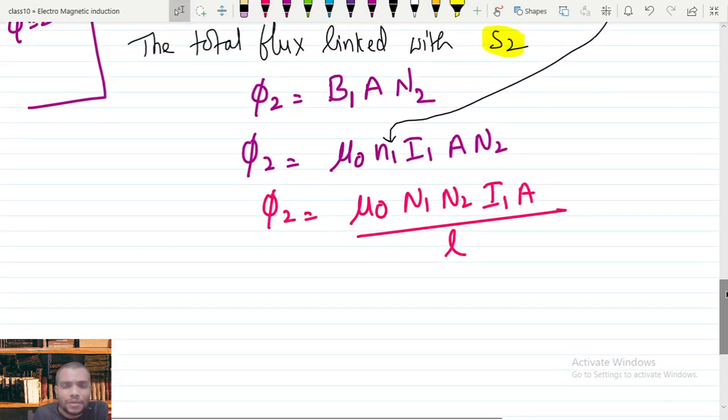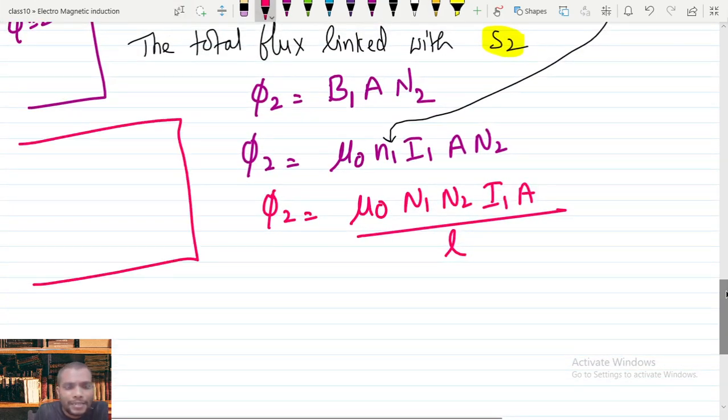After getting flux, we need to write the mutual inductance.